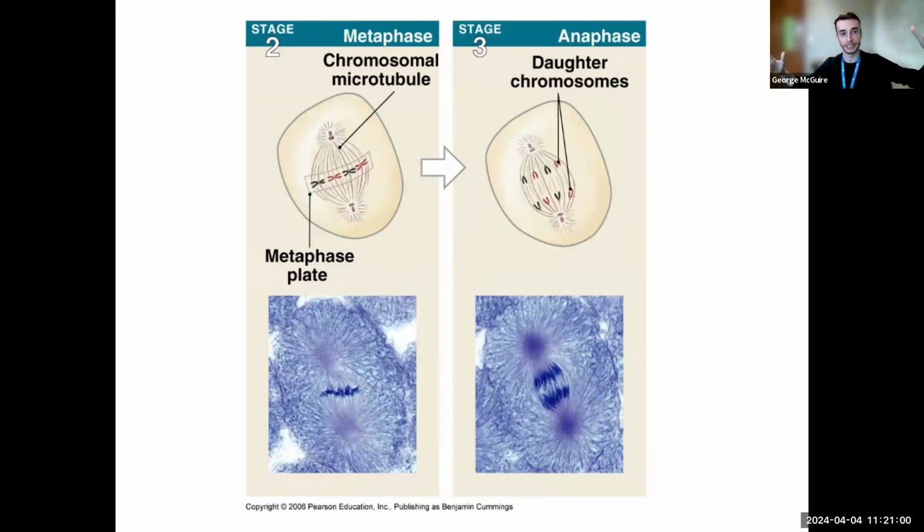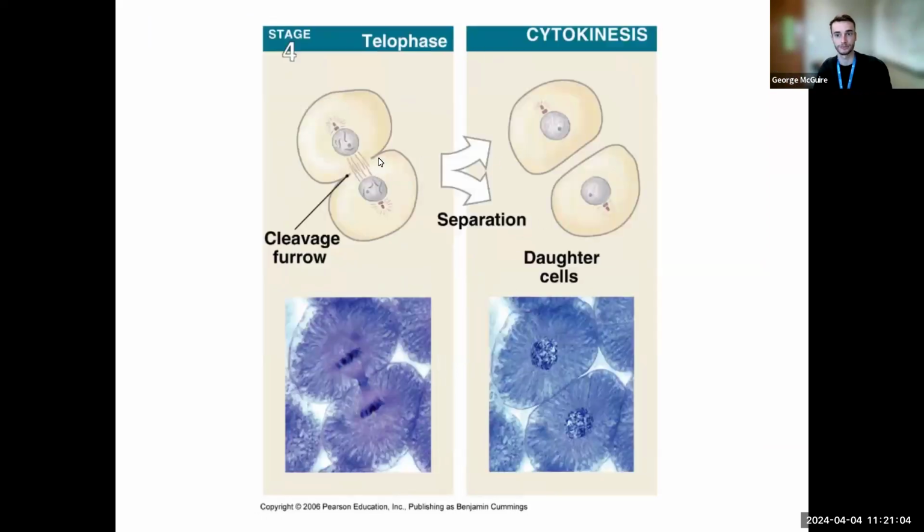And so you'll end up with the same 46 chromosomes that you started with in each of our new cells. And so you've now made clones of the original cell by duplicating all of that DNA. So one sister chromatid goes in each direction. So you end up with 46 chromosomes with their same 23 pairs on each of the daughter cells that were created.